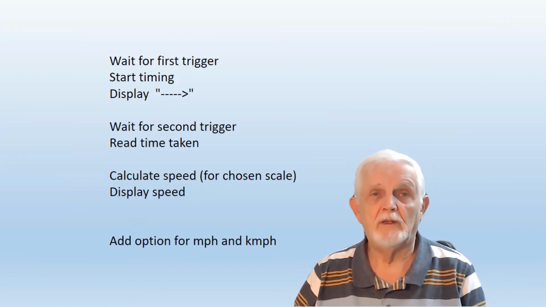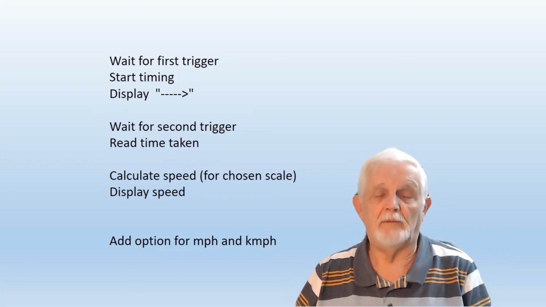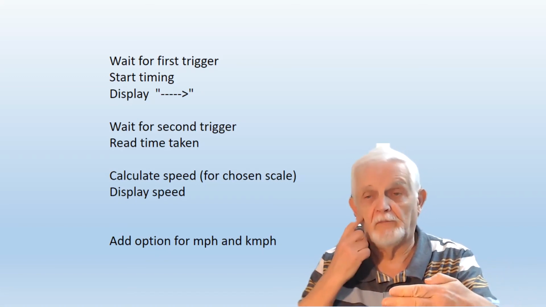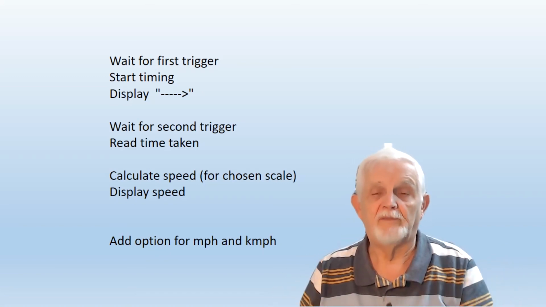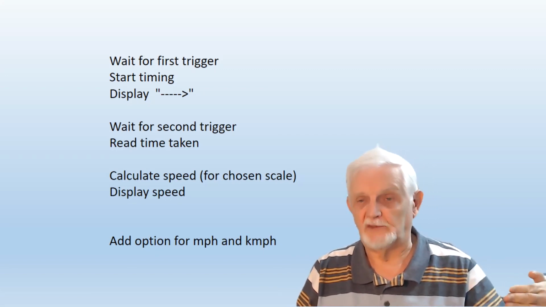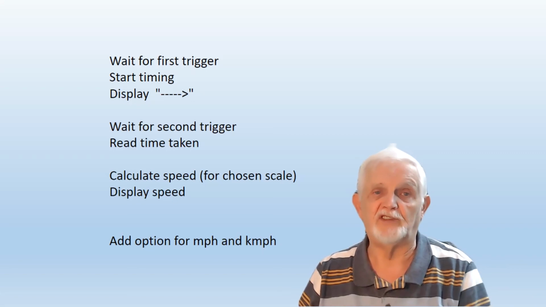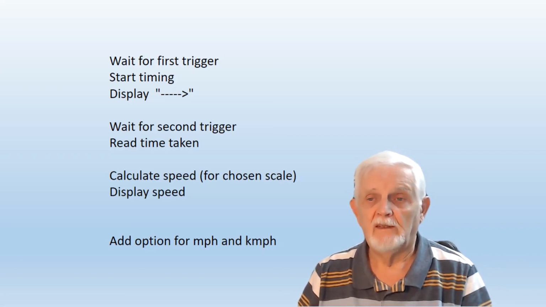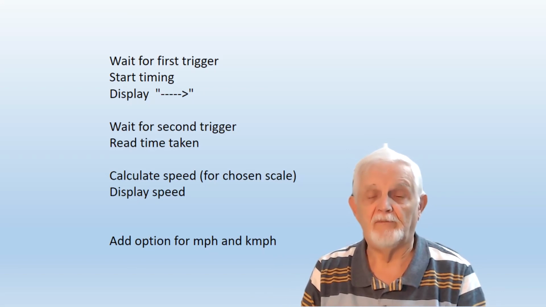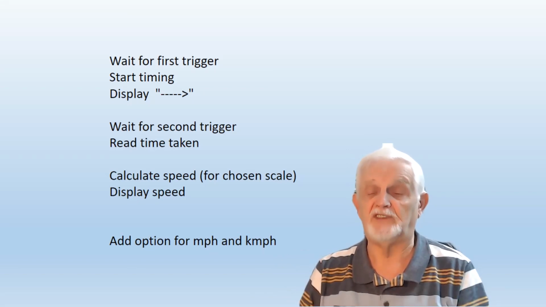In the code, obviously it's not the Arduino code, you wait till the Loco passes the first trigger, and you start the timer. And in my case, I'm displaying an arrow that lets you know it's past the first trigger and is progressing. The program then waits until the Loco hits the second trigger, and it says how much time has elapsed.